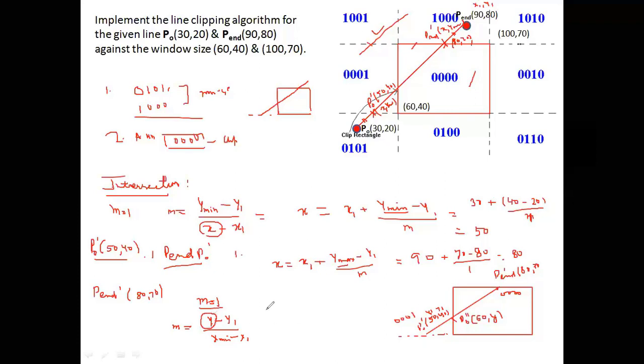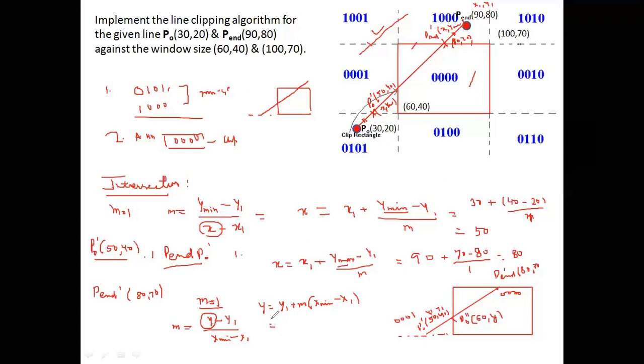If I rewrite the formula, y will be equal to y1 plus m into (x min minus x1).